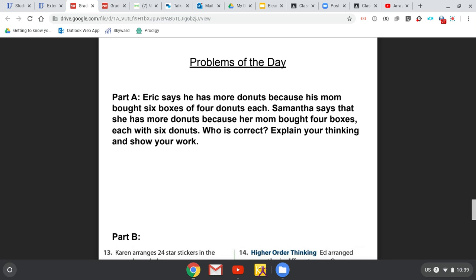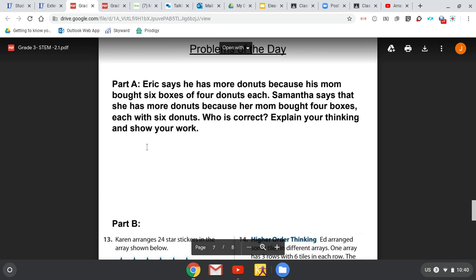Samantha says that she has more donuts because her mom bought 4 boxes with 6 donuts in each. Who is correct? Explain your thinking and show your work. Again, you can model it with an array since that is our skill for the day.